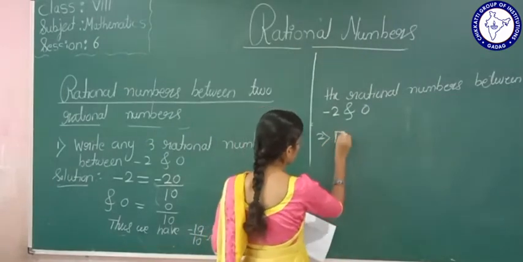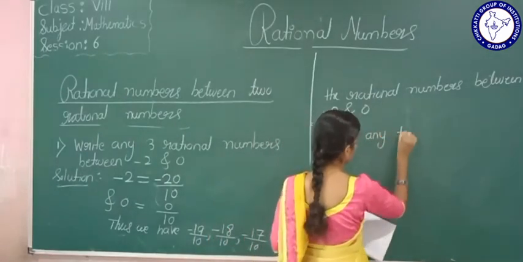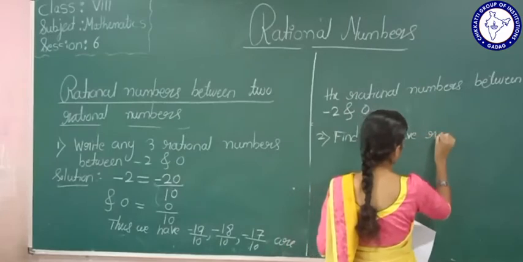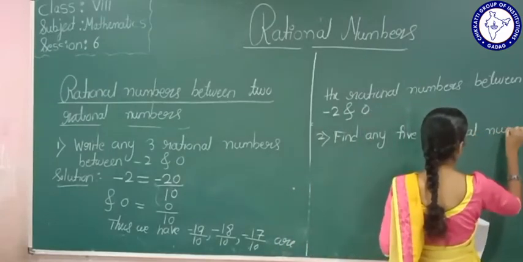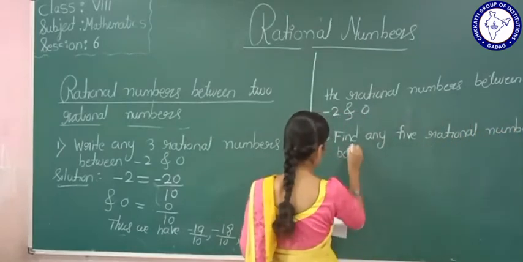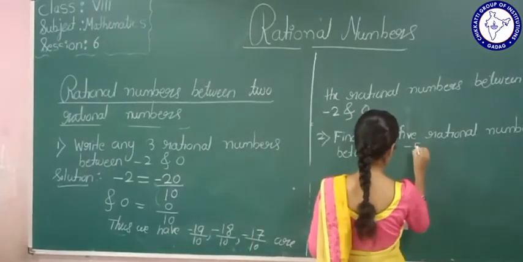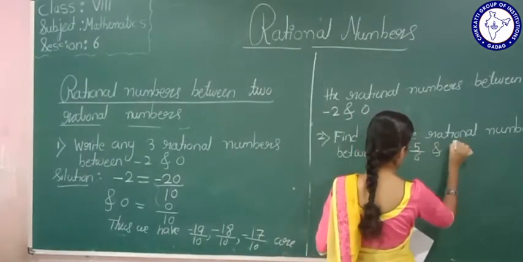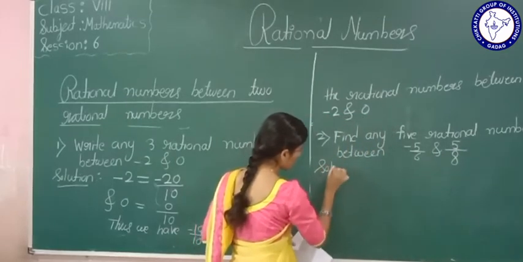Find any 5 rational numbers between minus 5 by 6 and 5 by 8. What did they tell?